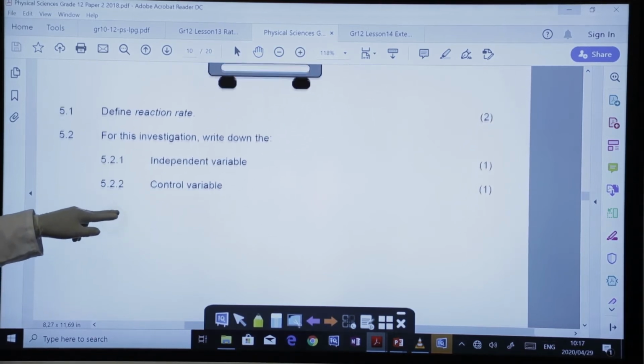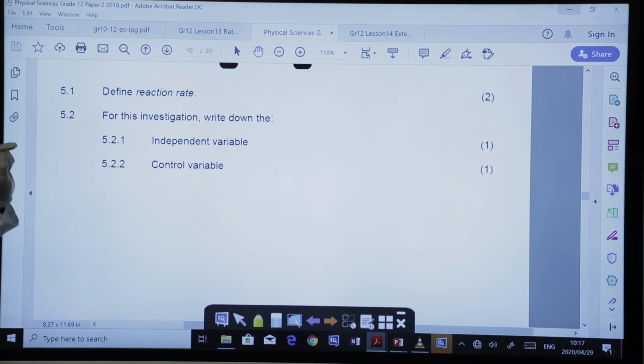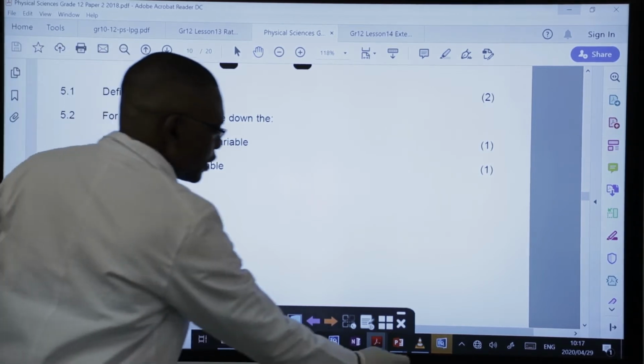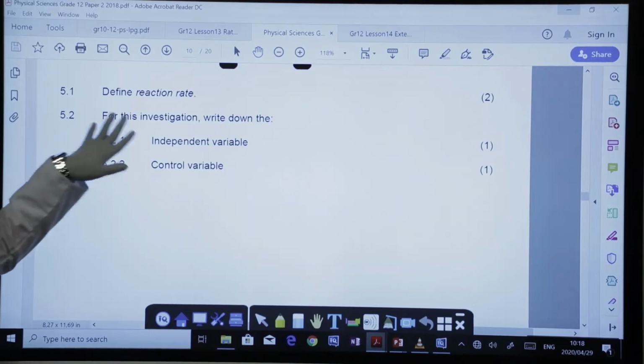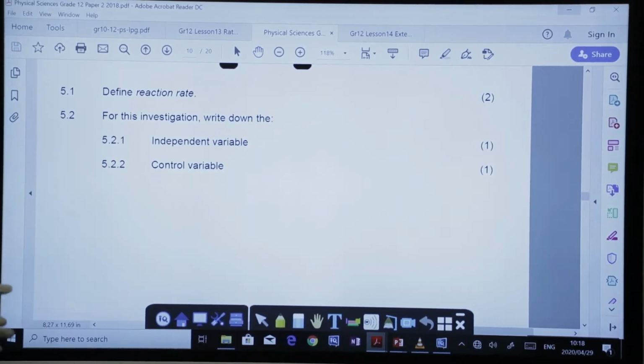Okay. So here, when they say define reaction rate, from what you have observed, what would you think the reaction rate is all about? Right, so it says define the reaction rate. You can actually see that from our observations, it's a measure of how fast or the speed at which a reaction takes place.